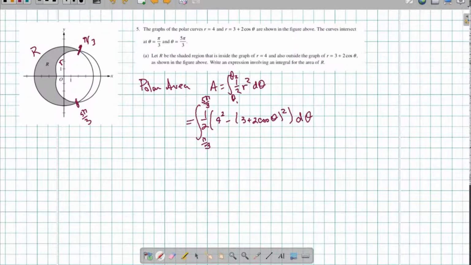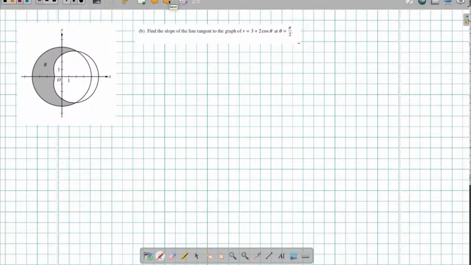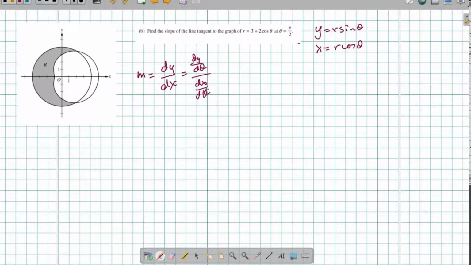All right, part B. It says find the slope of the line tangent to the graph of r equals 3 plus 2 cosine theta at theta equals pi over 2. I know that y is equal to r sine theta and x is equal to r cosine theta. The reason I bring this up is that slope is the change in y over the change in x, but that's really going to be dy d theta over dx d theta because of the chain rule.